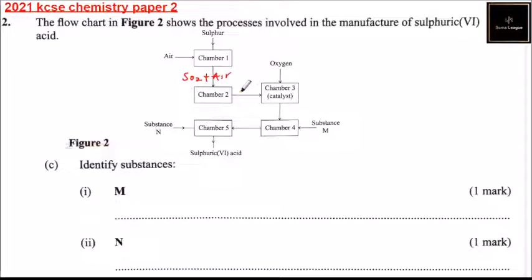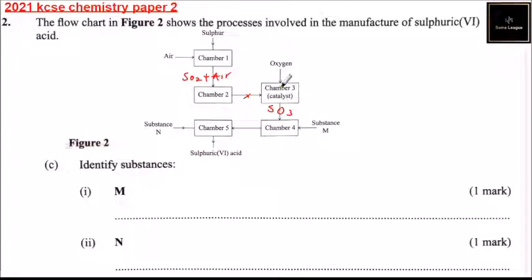In chamber 3, we have dry sulfur 4 oxide reacting with oxygen that is being put here, so here we have sulfur 4 oxide.